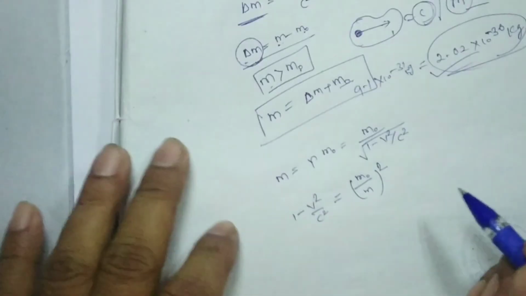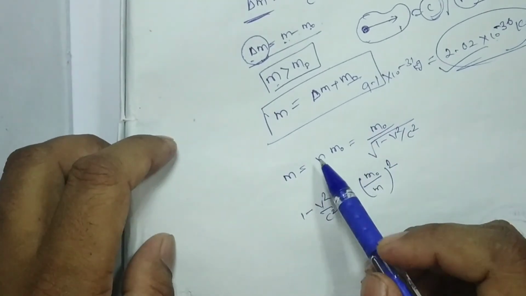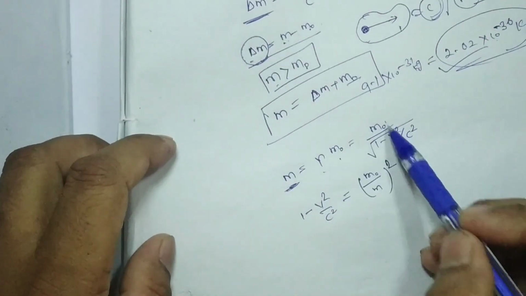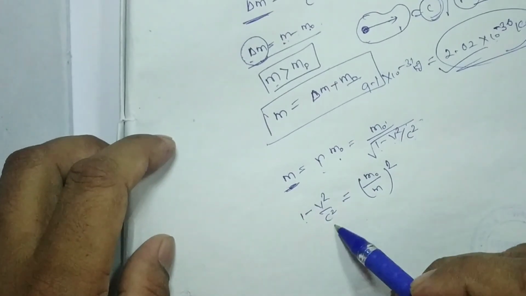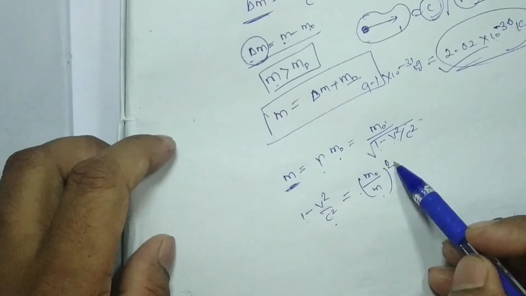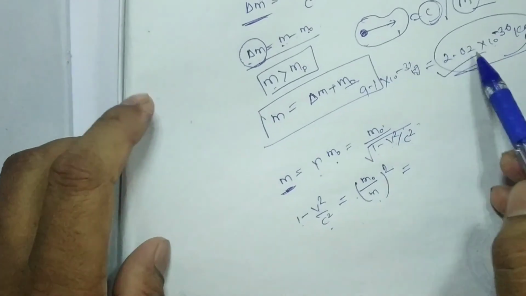So here 1 minus v square by c square will be equal to m0 by m, whole square. m0 we know, and m we found is this much.